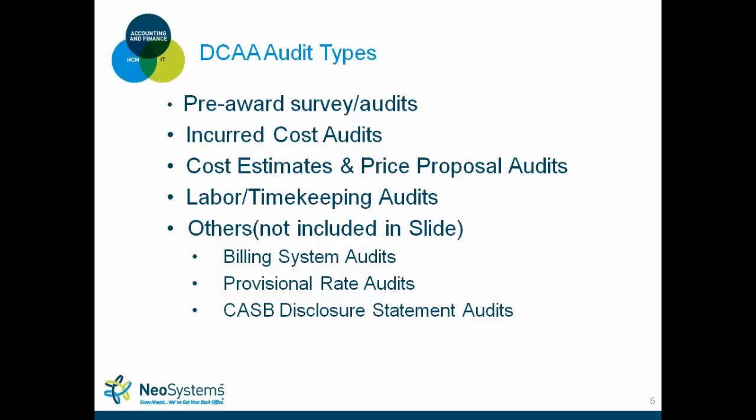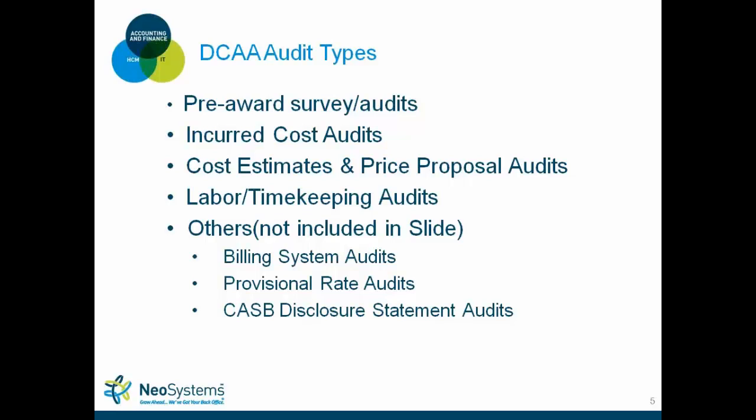And generally when your company gets to a certain size limit as far as revenue, you have to submit a CASB disclosure statement to the government. It's a breakdown and description of your internal policies and procedures, your indirect rate structures, how they're allocated, how they're built, your methodology of allocating out direct versus indirect costs.